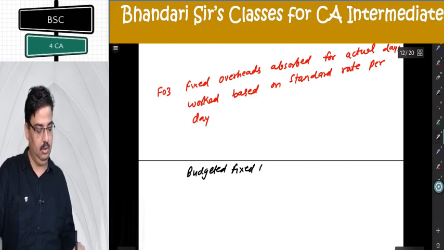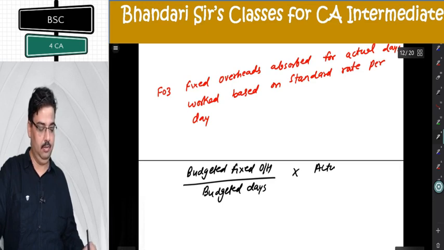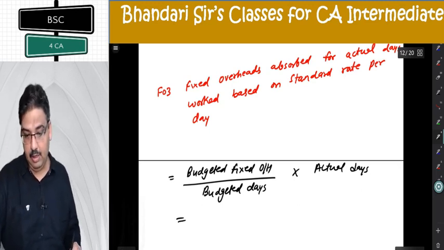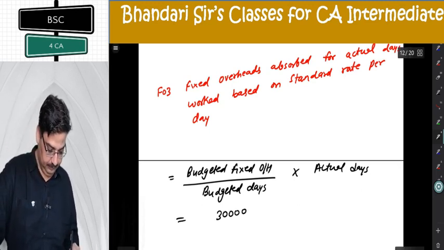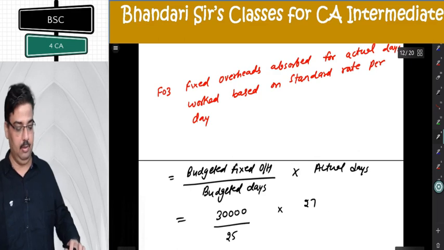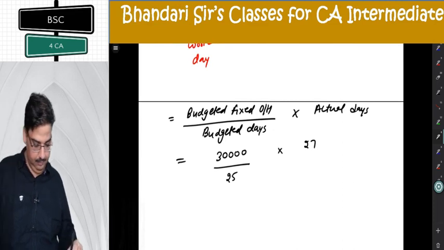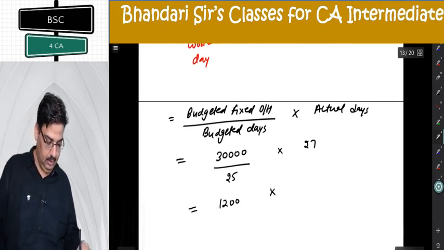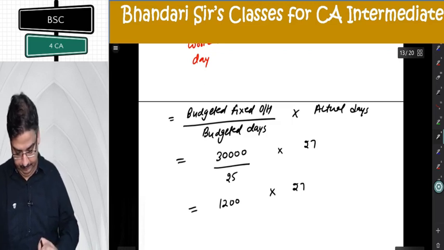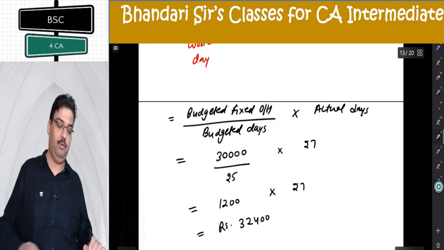Budgeted fixed overhead divided by budgeted days multiplied by actual days. Budgeted fixed overheads were given at 30,000. Budgeted days given at 25, multiplied by 27. 30,000 divided by 25 is 1200, multiplied by 27, 32,400. This is FO3.